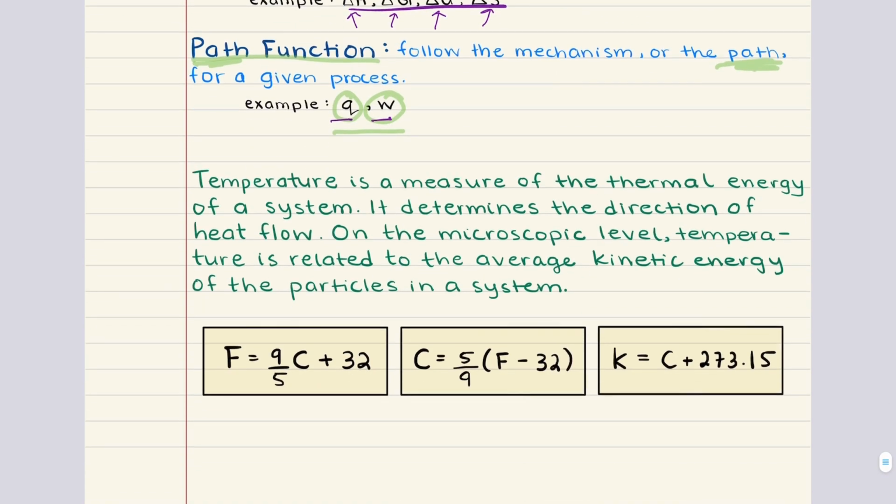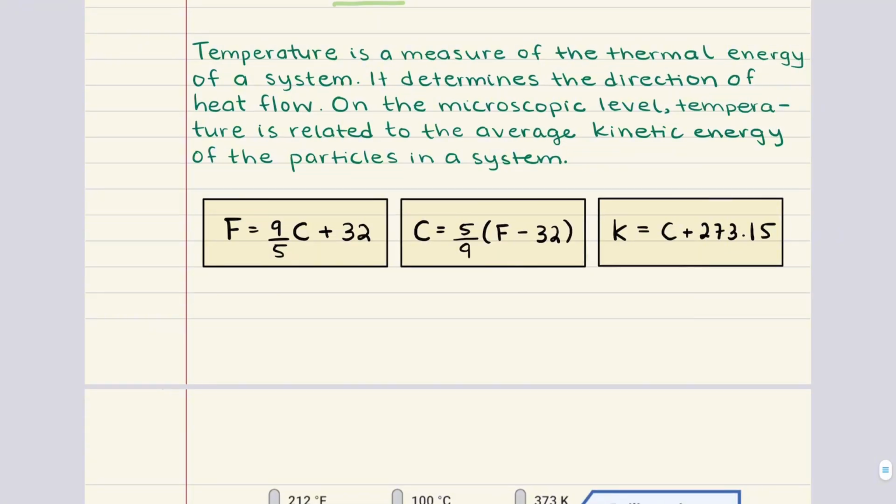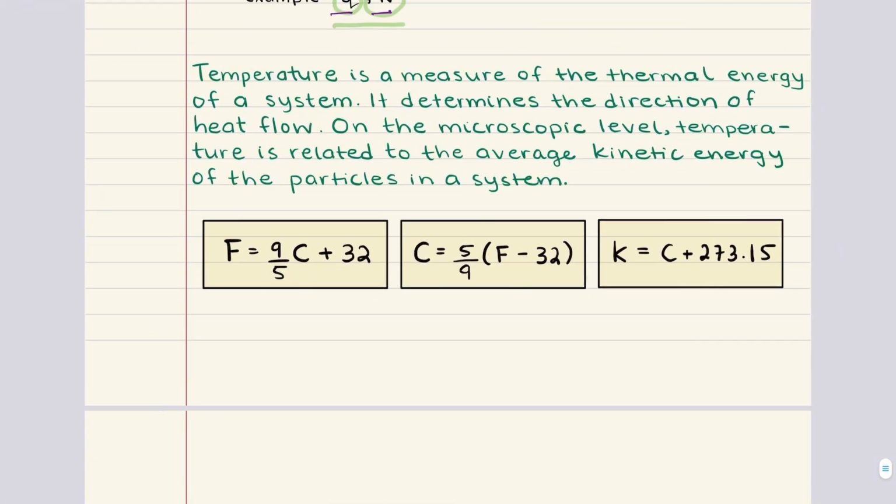Now, to finish this introduction and this lecture, we're going to cover our last topic, which is temperature and the zeroth law of thermodynamics. Temperature is a measure of the thermal energy of a system. More specifically, it tells us the direction in which heat will flow when two systems are in contact. Heat always flows from the system with the higher temperature to the system with the lower temperature until they both reach equilibrium.